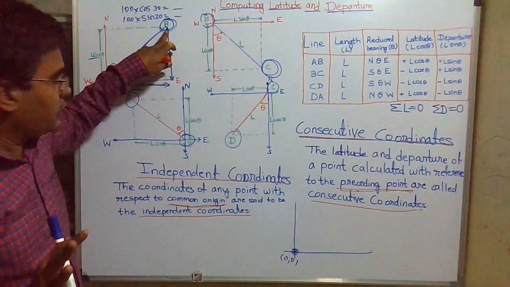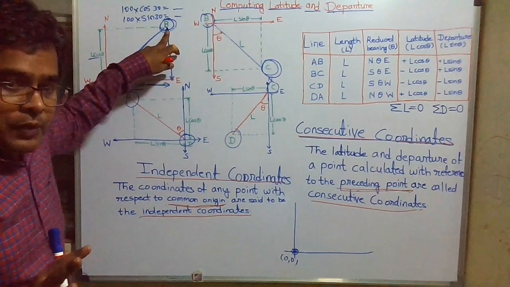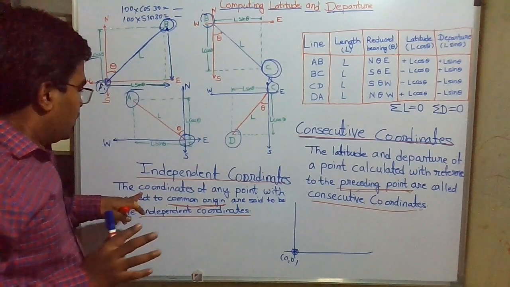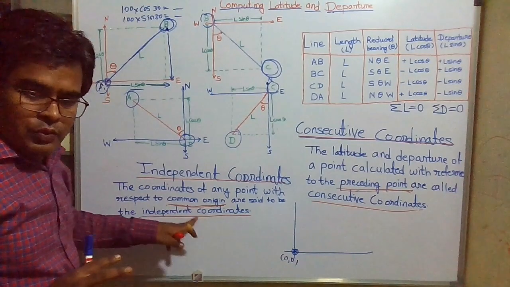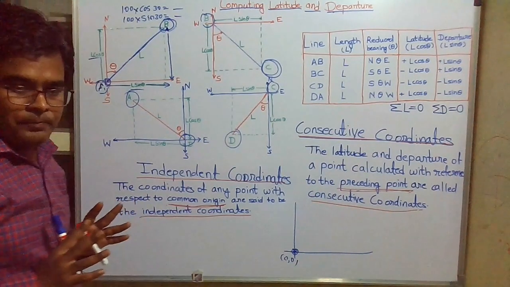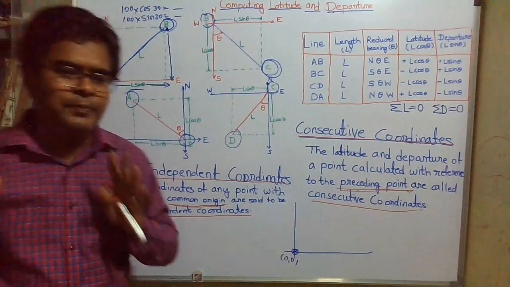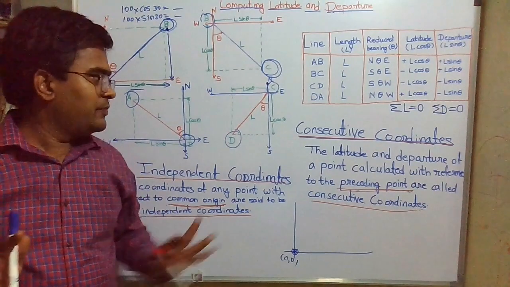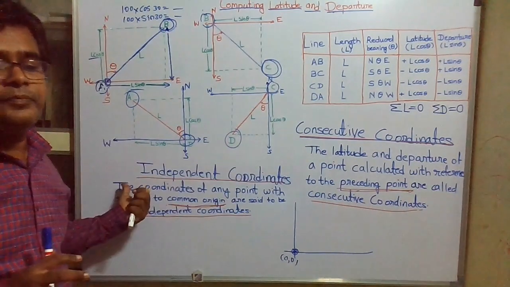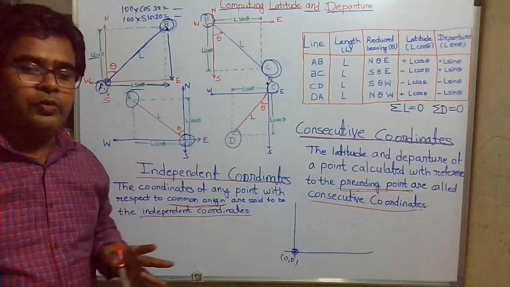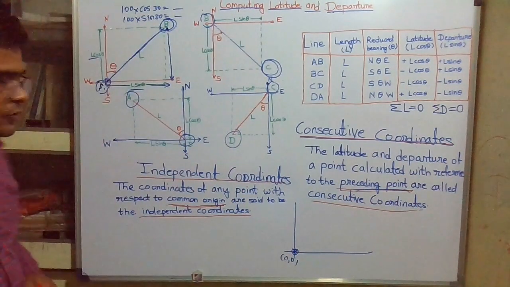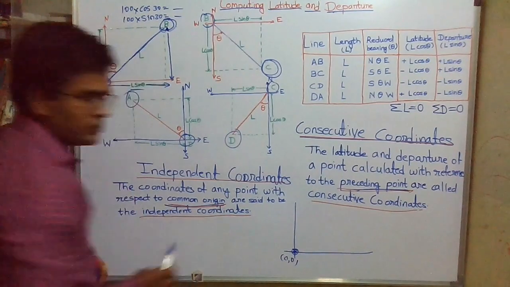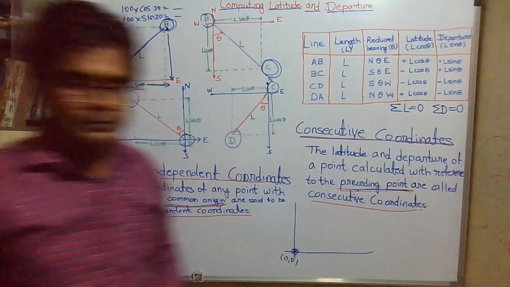And independent coordinate means the coordinate of any point with respect to a common origin. Just keep in mind the difference between the two systems: the consecutive coordinate system, which is with reference to the preceding point, and the independent coordinate system, with the common origin. Just keep it in mind. Okay, got it?